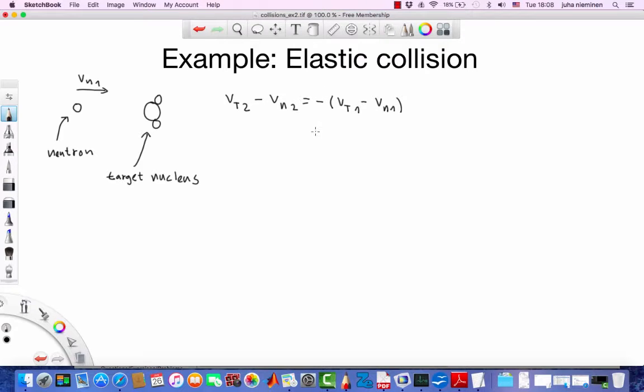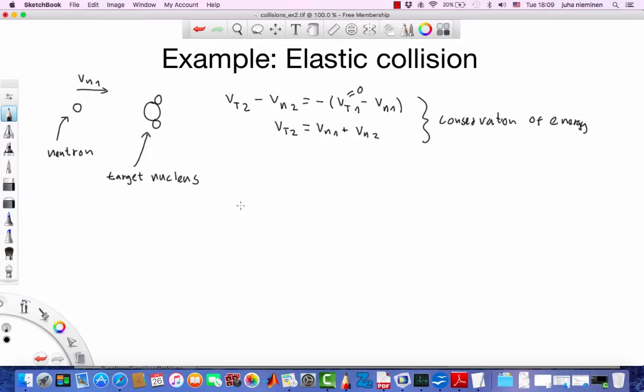Let's solve for v target 2, the velocity of the target nucleus, because we are trying to eliminate this term. First of all, v target 1 is 0, so we have only Vn1 plus Vn2. So this is from conservation of energy.